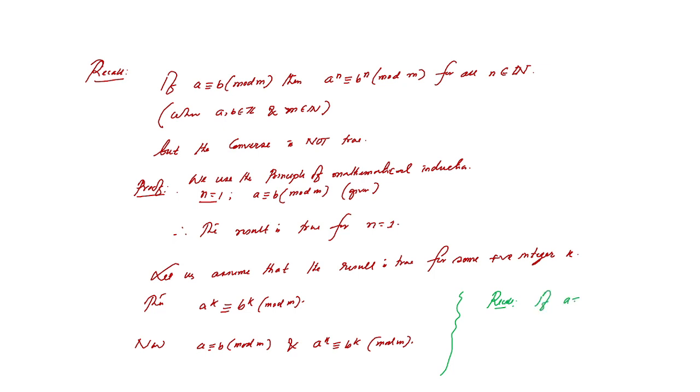If A is congruent to B mod M and C is congruent to D mod M, then what can we say?